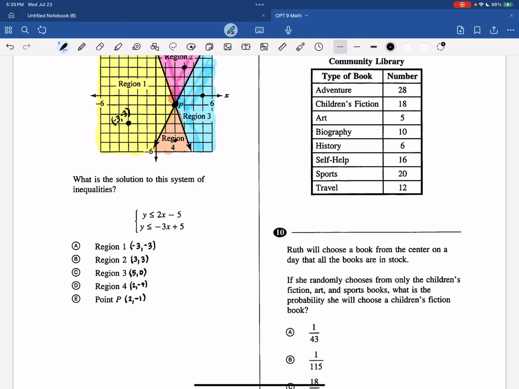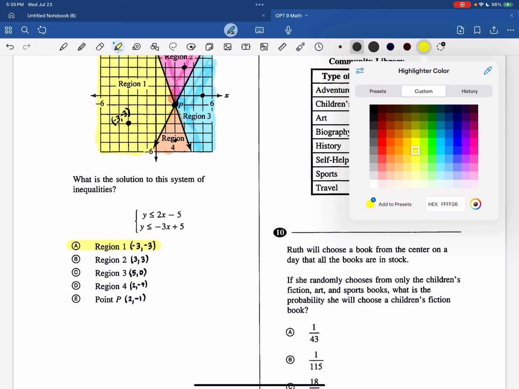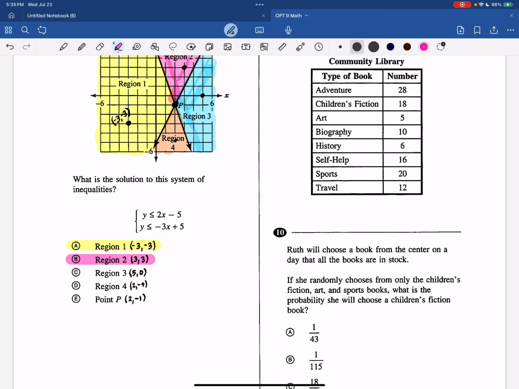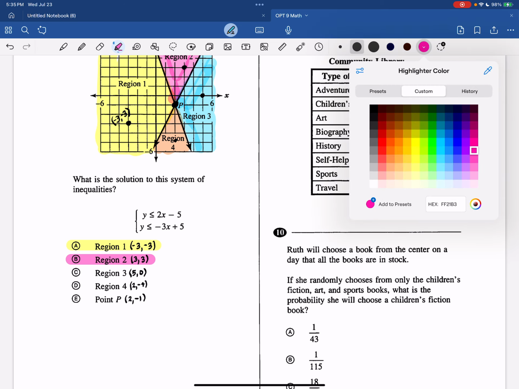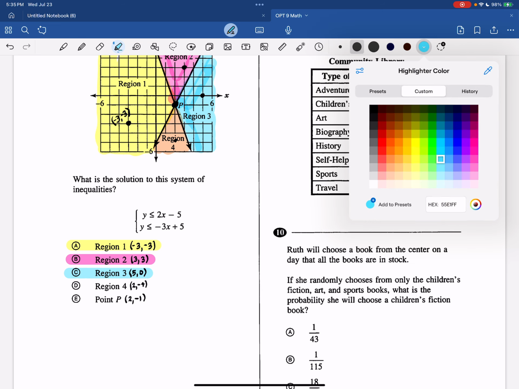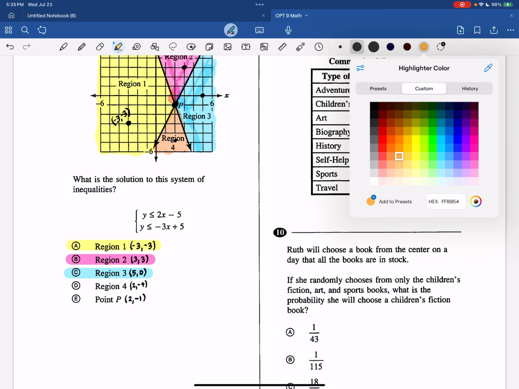And then I'm going to test each of my choices. So region 1 I've marked in yellow. Region 2 I've marked in pink. Region 3 is blue on my diagram. Region 4 is orange.